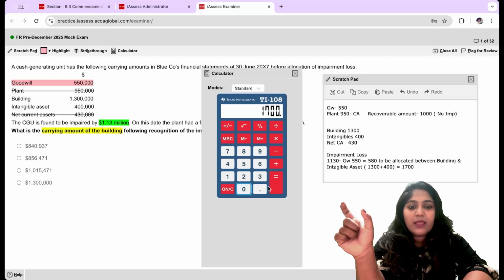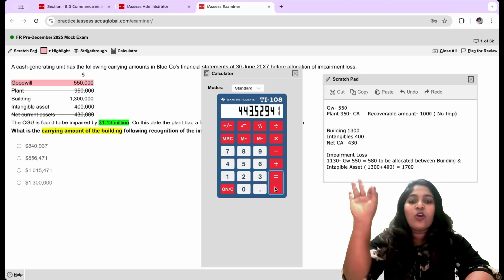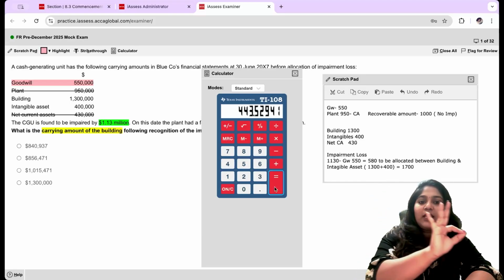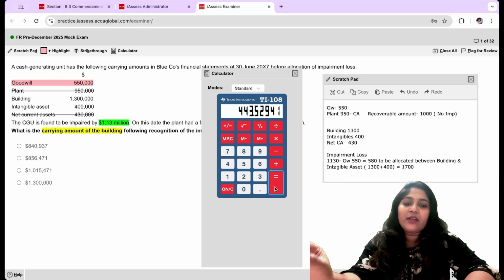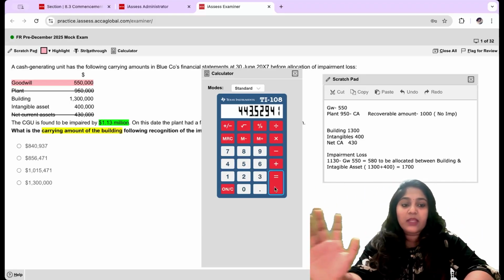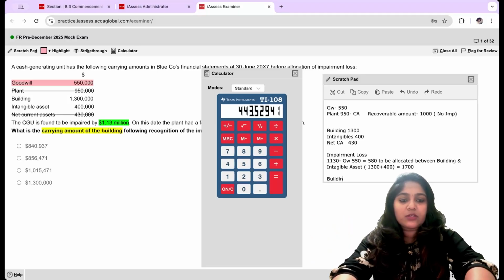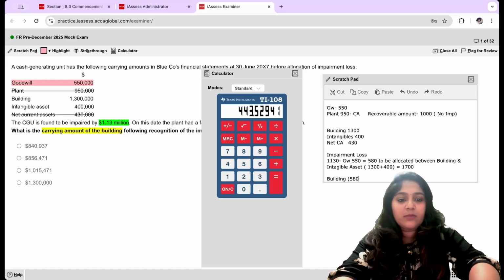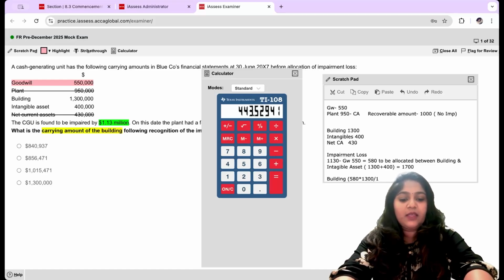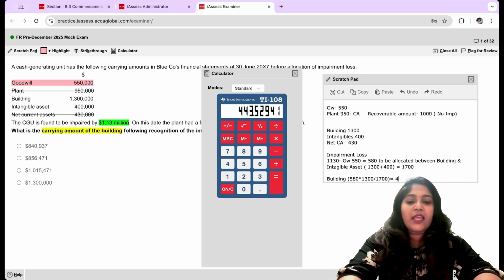So that makes my impairment loss for the building how much? 443,529 approximately. Impairment loss to the building would be $580,000 multiplied with 1.3 divided by 1.7. This is what we have done. It is based on the proportionate method.